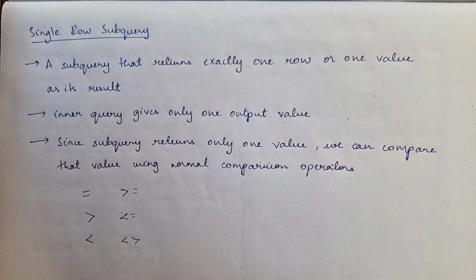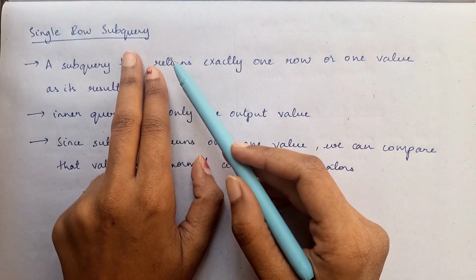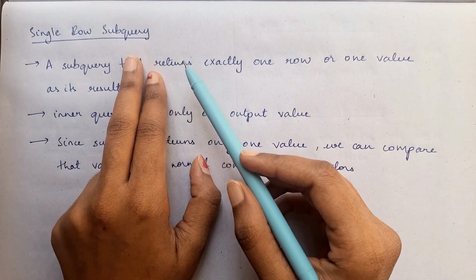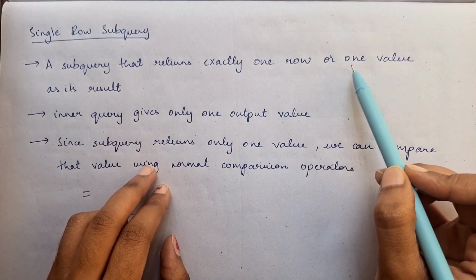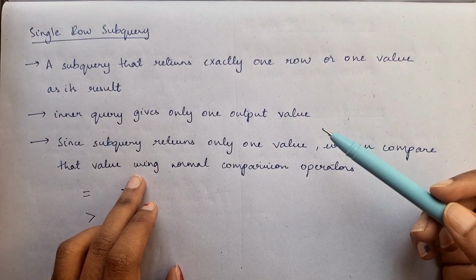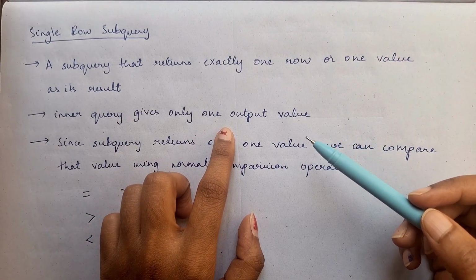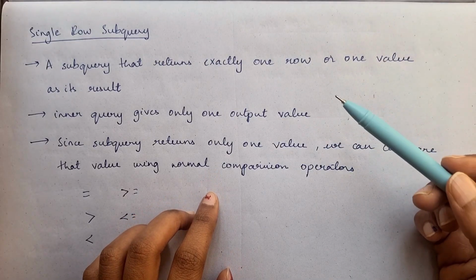Okay guys? Now let's understand the first type of subquery, which is single row subquery. A single row subquery returns exactly one row or one value as its result. In simple words, when the inner query gives only one output value, we call it a single row subquery.